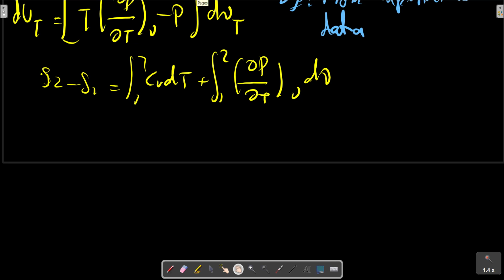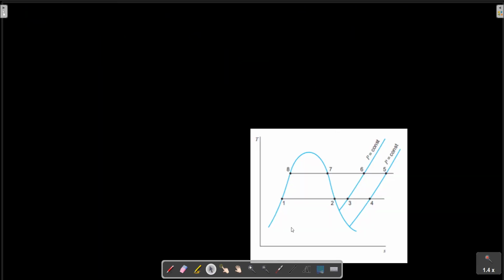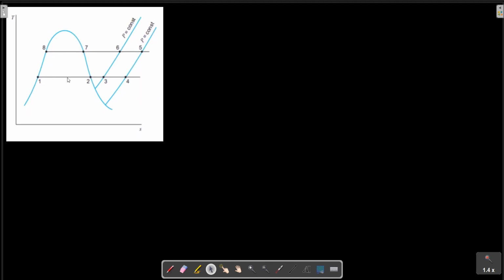The properties at point 4 in the picture, for example, a superheated point, are found in exactly the same manner.